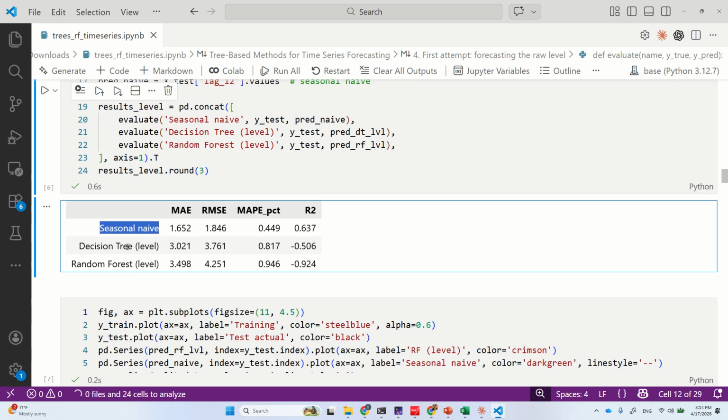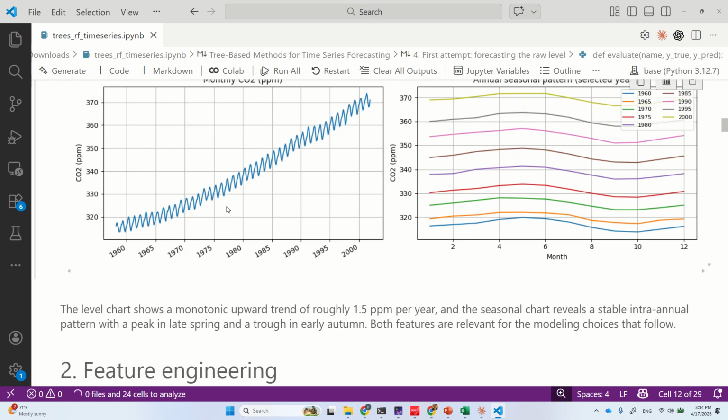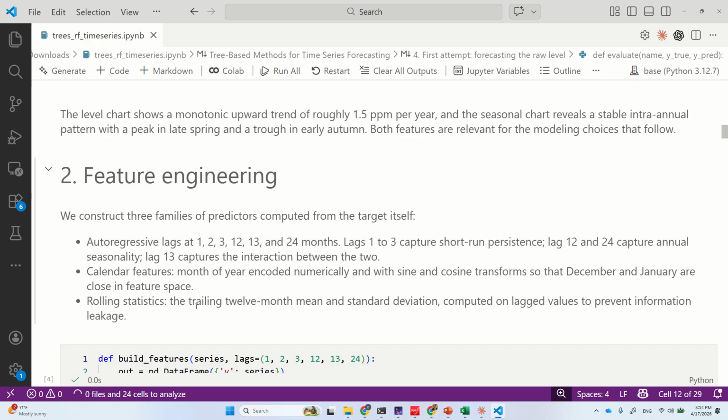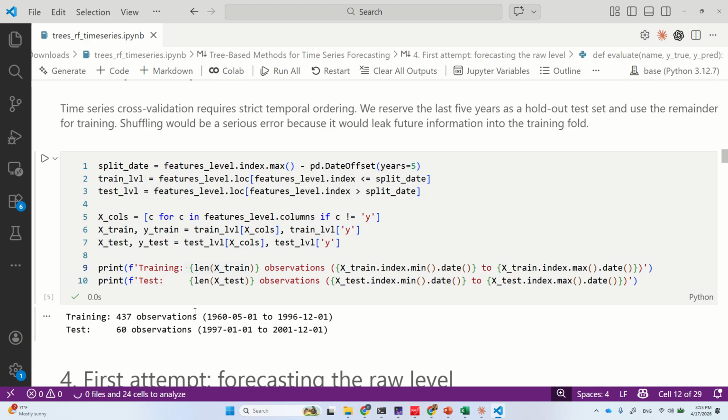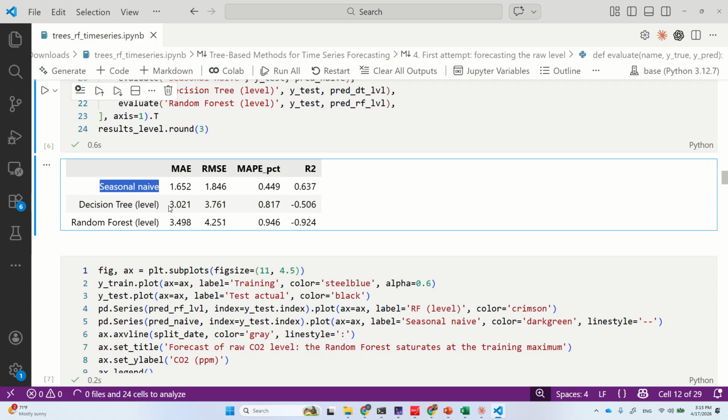Since we know that there are seasonalities, if I want to predict the January of 1970, I will use the same month of the previous year, of the previous cycle, January of 1969. That's how we're finding the naive prediction, the seasonal naive. So very basic, just looking at the previous value that belongs to the same season or the same month, right?